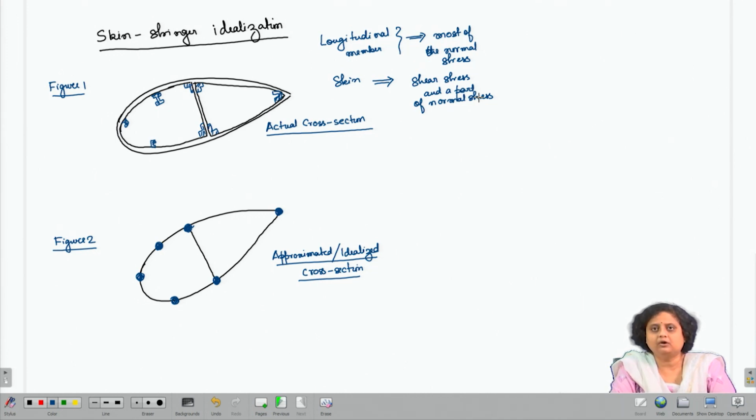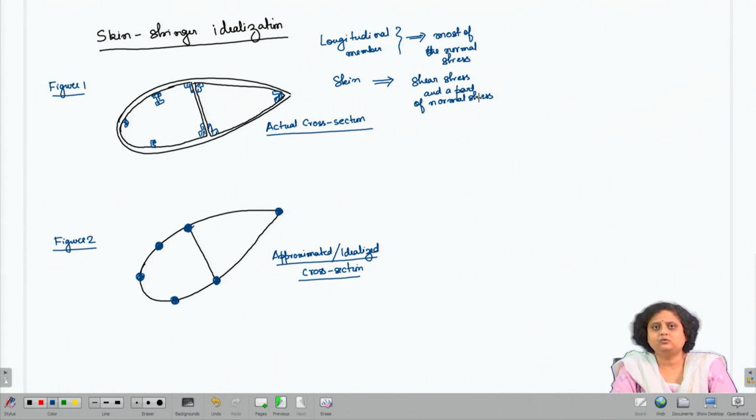Now, all these longitudinal members are going to take mostly the direct stress or normal stress, and the skin is mostly going to take shear stress and some small portion of the normal stress. Now, what we do is that we consider an approximated cross section which is of the same shape as that of the actual configuration.